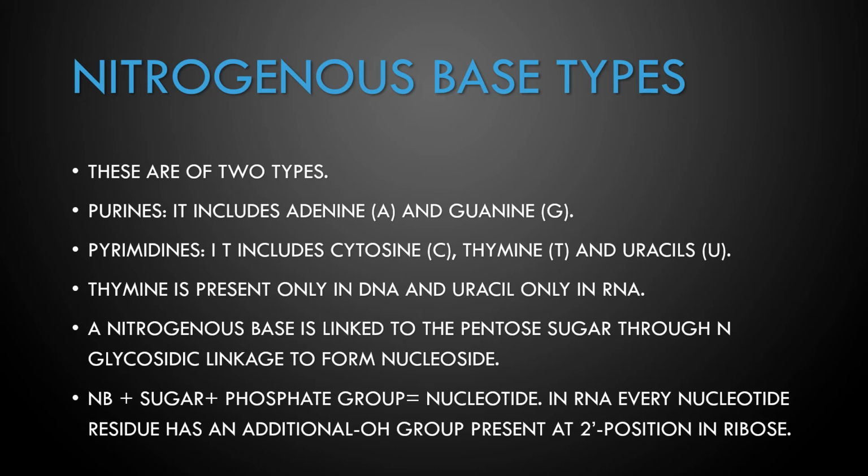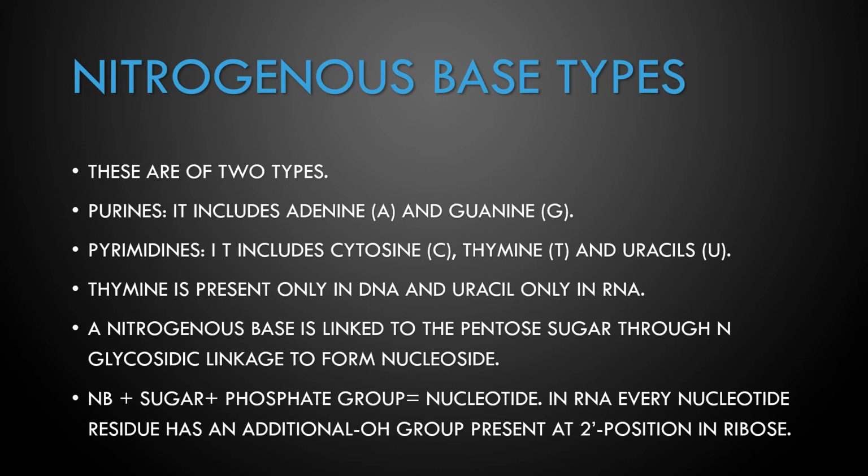And when the phosphate group is added, it becomes the nucleotide. Okay, so nucleotide means nitrogenous base, sugar plus phosphate, and if we remove the phosphate group, it will become the nucleoside. Okay, this is so.